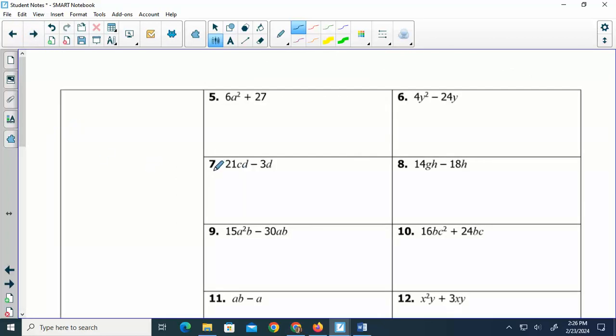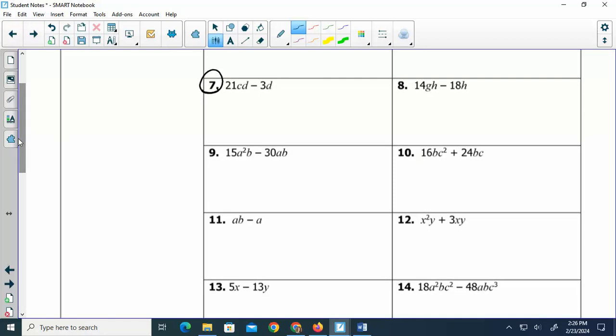Let's go to problem 7. When you look at this, number-wise, I have 21 and 3. What do they have in common? 3 and the D. They both have a D, so we can factor that out. So factoring is like dividing.